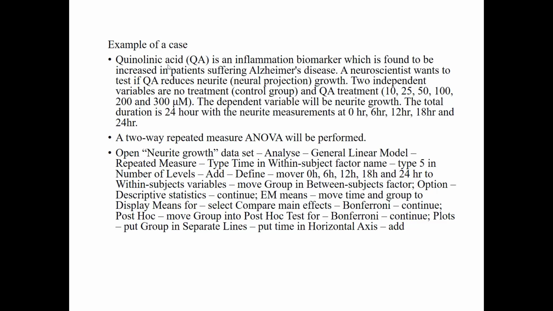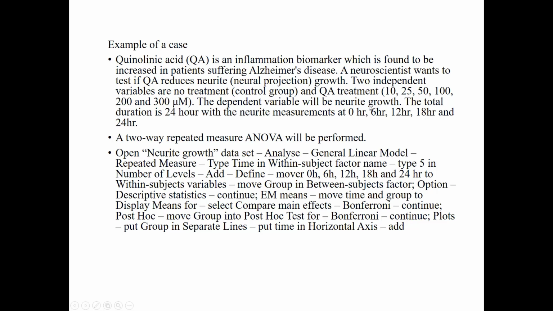Now you have two independent variables. One is the treatment. For this, it is going to be quinolinic acid, or no treatment as a control. So the two conditions are treated and not treated. The dependent variable will be neurite growth.